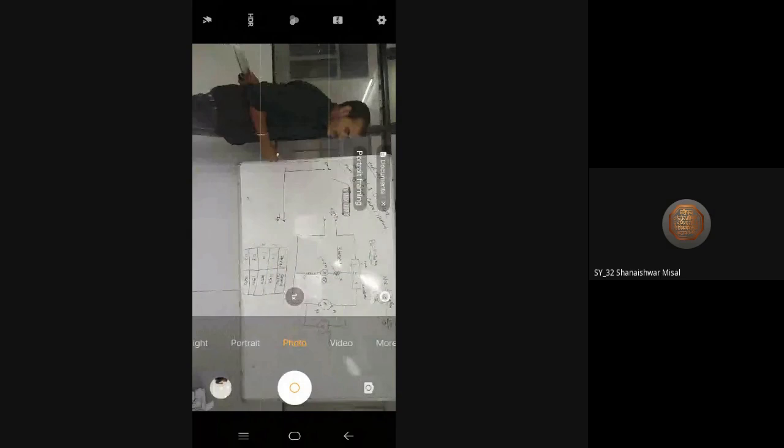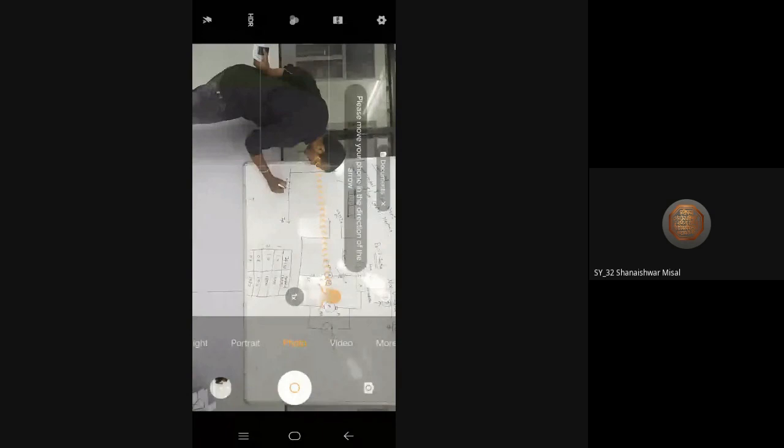So now, suppose this is my 0.5, 0.6, 0.7, 0.8, otherwise we can write 0.7, 0.9, 1.1, 1.3.